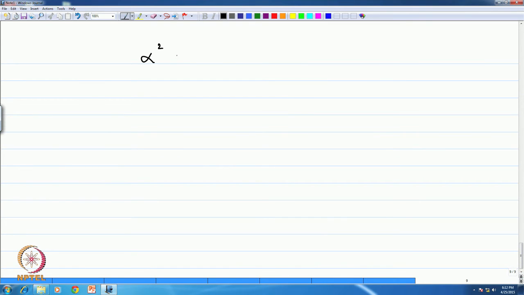K is the force constant, which is mass t to the minus 2, multiplied by mass m, and h bar is mass length square t to the minus 1, but it is a square.